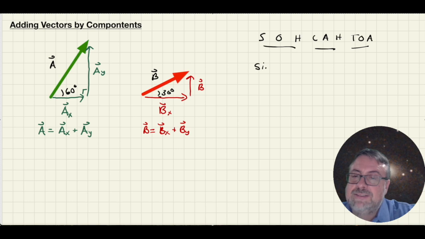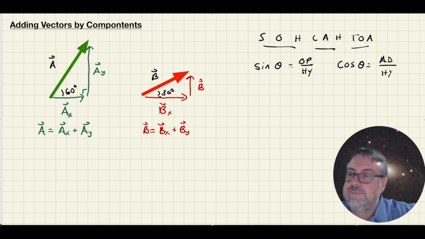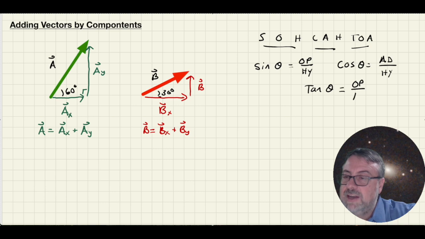Well, I can use trig to find out what these components are. The sine of the angle is equal to the opposite side of the triangle divided by the hypotenuse. The cosine of an angle is equal to the adjacent side divided by the hypotenuse. And the tangent of an angle is equal to the opposite side of the triangle divided by the adjacent side.